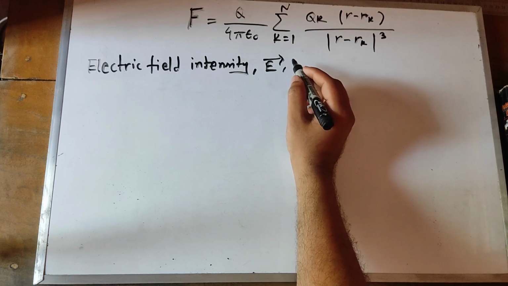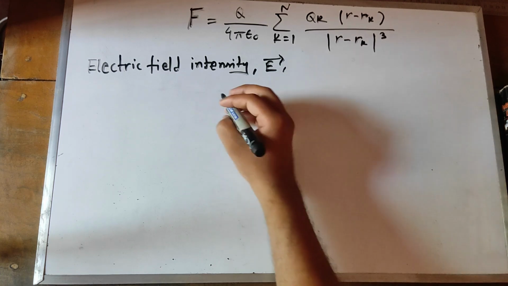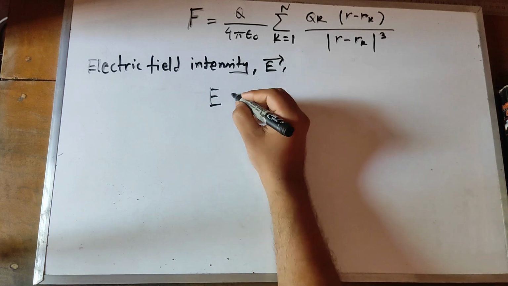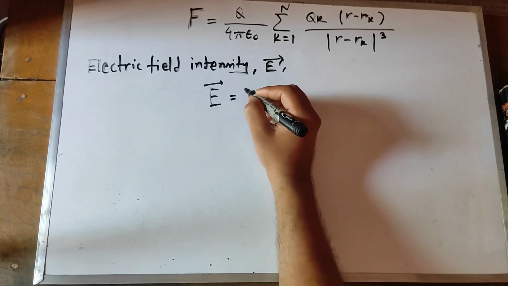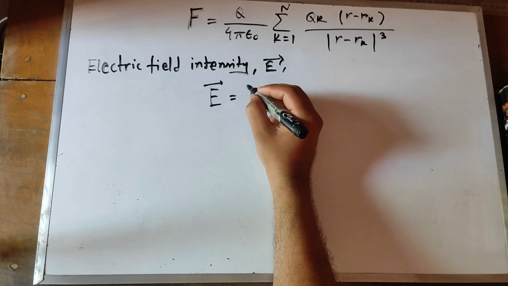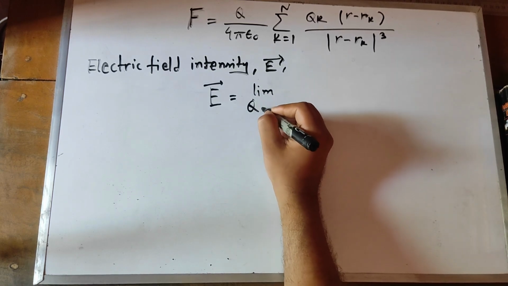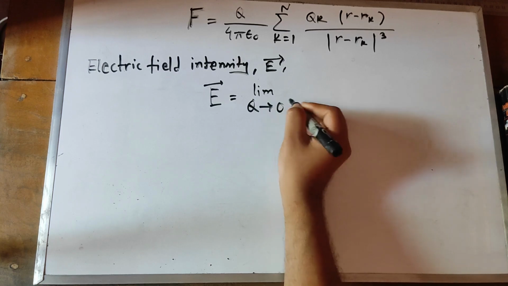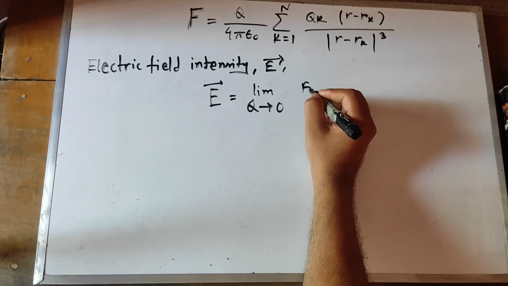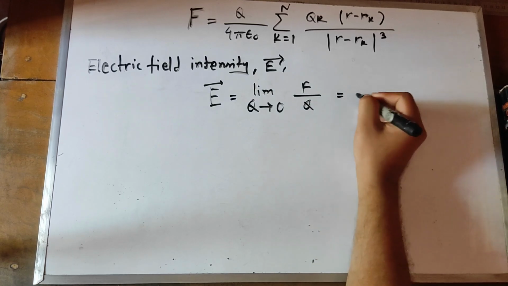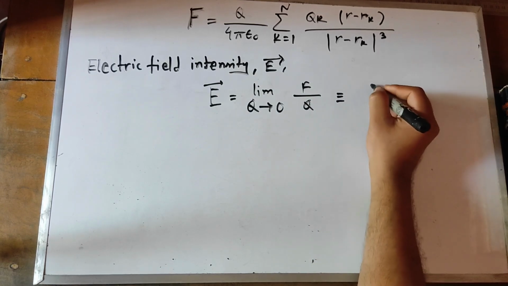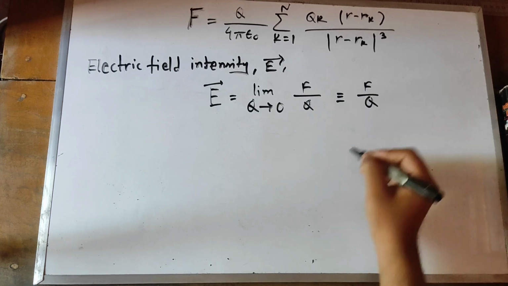Electric field intensity is expressed by E with cap or no cap, limit q tends to 0 of F by q, or simply F by q.